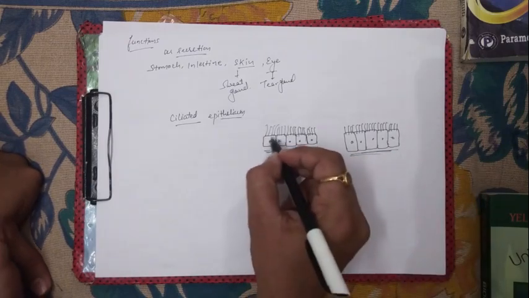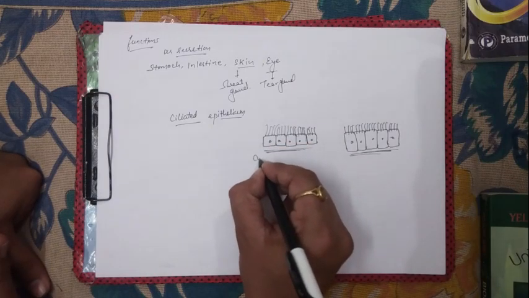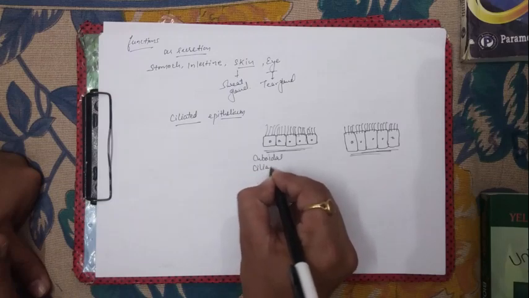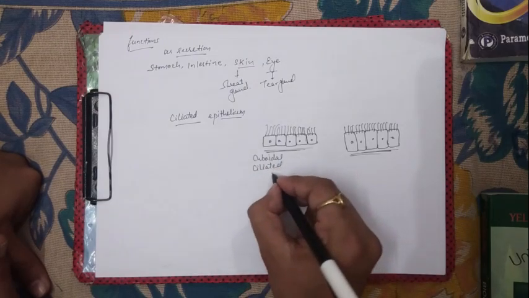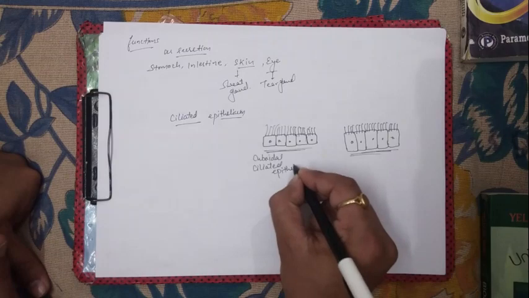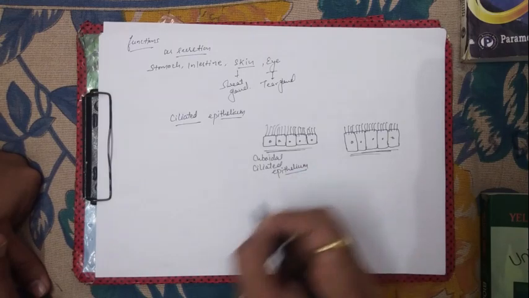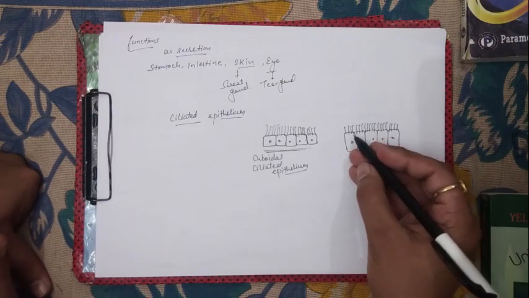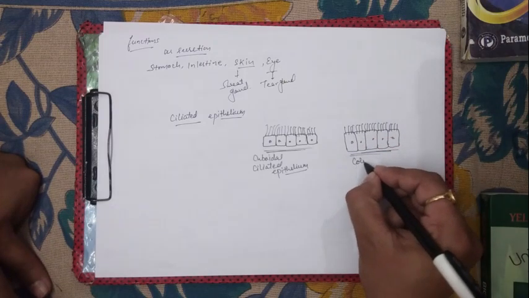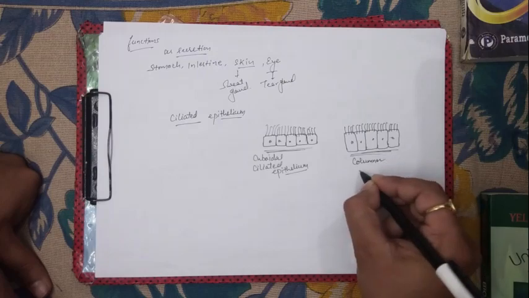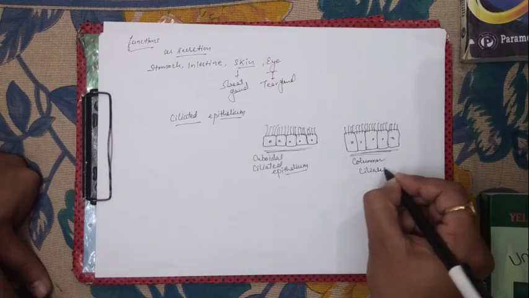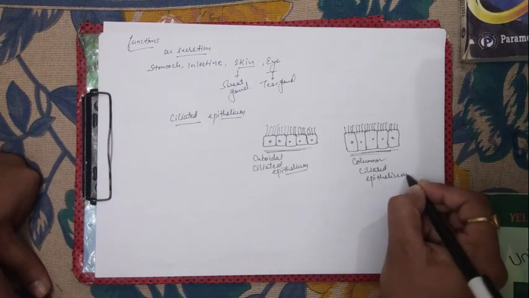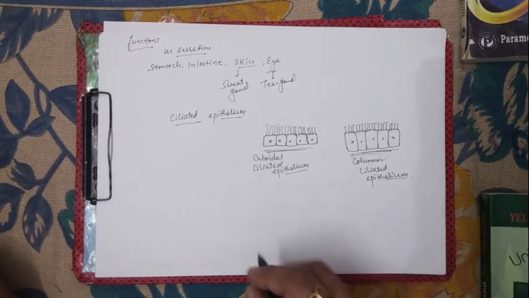When cilia are present on cuboidal cells, it is known as cuboidal ciliated epithelium. When cilia are present on columnar cells, it is known as columnar ciliated epithelium.